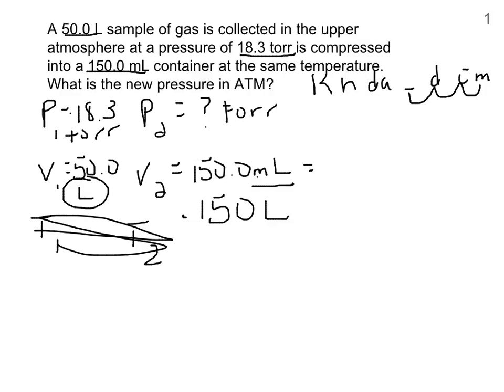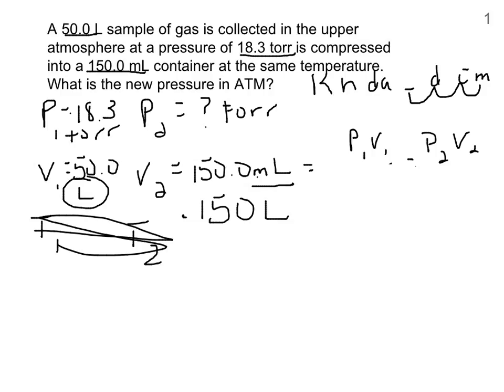So we notice that we're going to be using the same formula, P1 V1 over T1 equals P2 V2 over T2. The temperatures are the same, so we're not worried about temperature. So we're going to plug in our values.